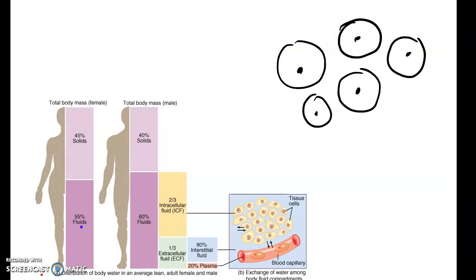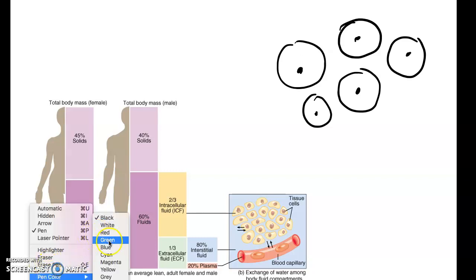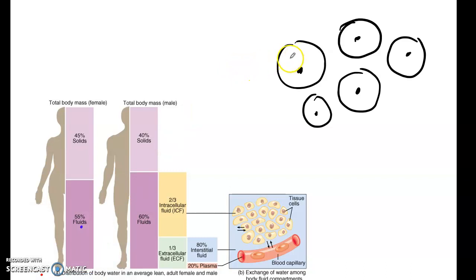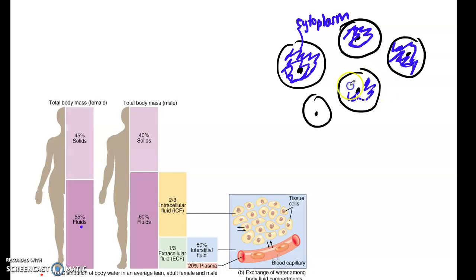So inside cells, there's fluid, and we call that cytoplasm, right? And we've got organelles floating around in this salty water. We know it's got lots of potassium in it.